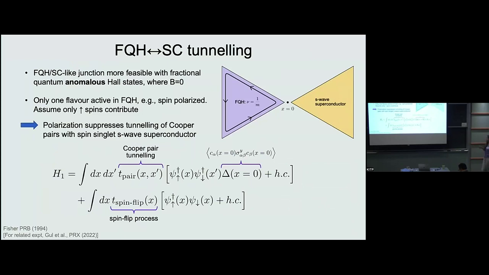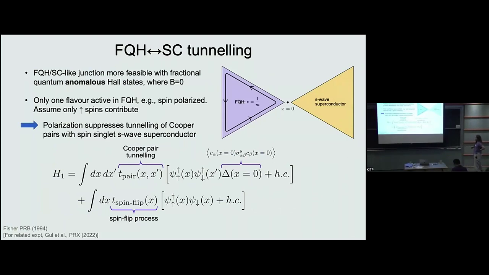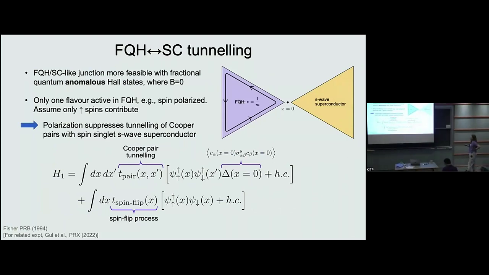And that obviously makes tunneling into this singlet object quite a bit more difficult. And so I'm just going to start by writing down a general Hamiltonian here, where I have Cooper pair tunneling. So these are spin up and spin down on the fractional quantum Hall side. And then this is the pairing operator, the condensate on the superconducting side.